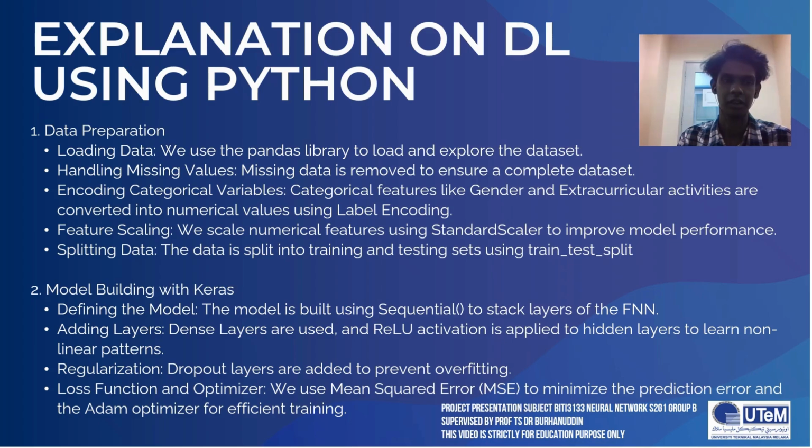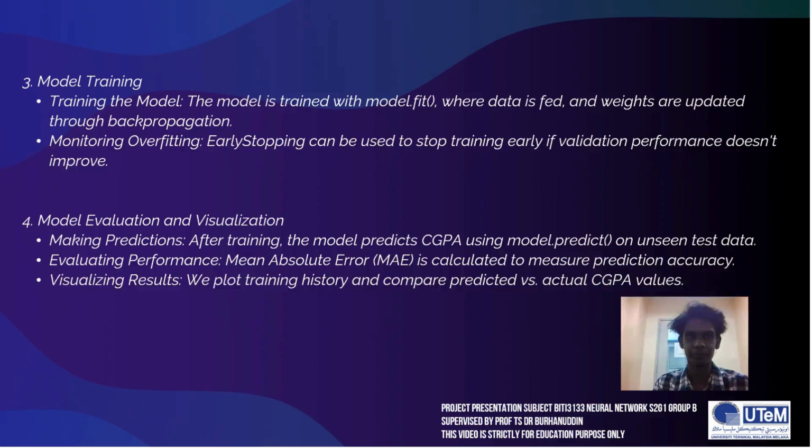And then for regularization, we use dropout layers to prevent overfitting. And then for loss function and optimizer, we use mean squared error, MSE, to minimize, and the Adam optimizer for efficient training. And then for model training, we train the model using model fit, where the data is fed and weights are updated through back propagation of the data.